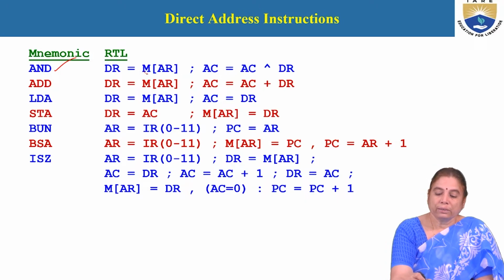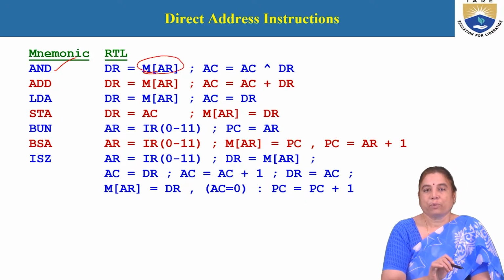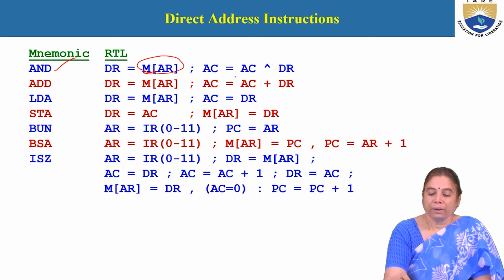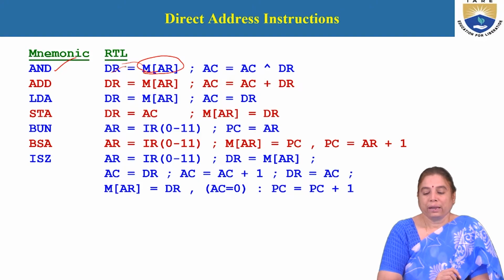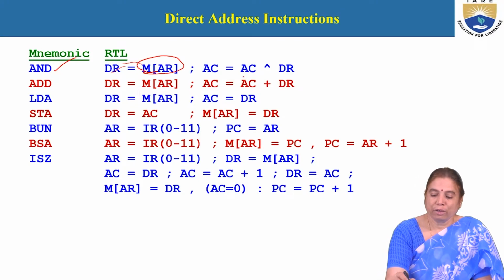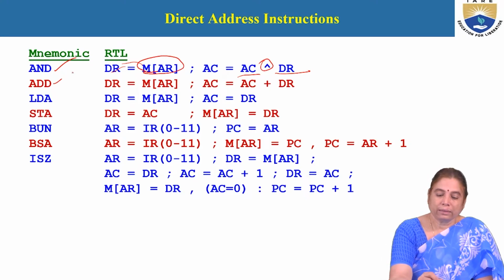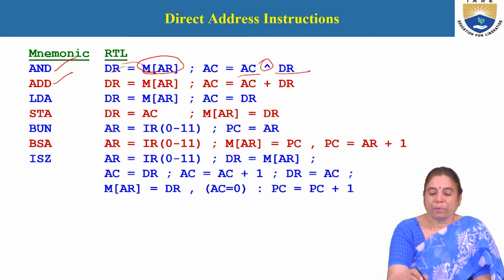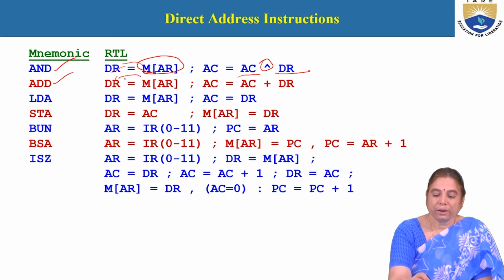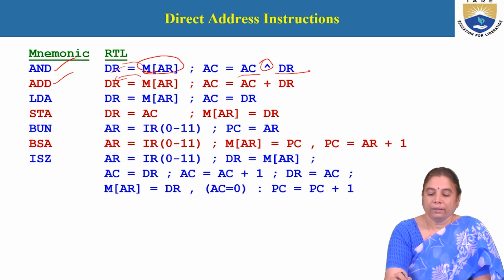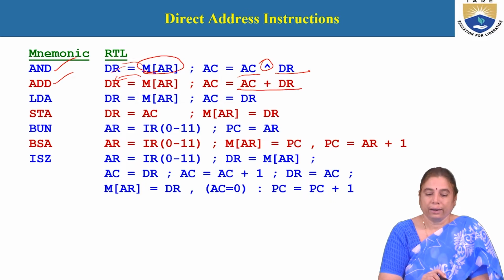The word at the address pointed to by the memory is assigned to the data register, and between the accumulator and the data register the logical AND operation is performed. The next one is ADD. The memory word is transferred to the data register, and the addition operation is performed between the accumulator and the data register. Next one is LDA.